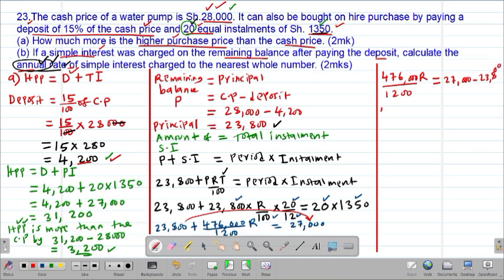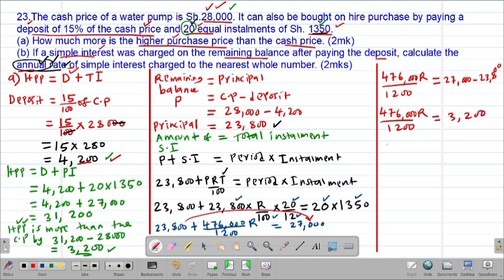So 476,000 R divided by 1,200 is equal to, if you take 27,000 minus 23,800, your calculator will give you 3,200 shillings.